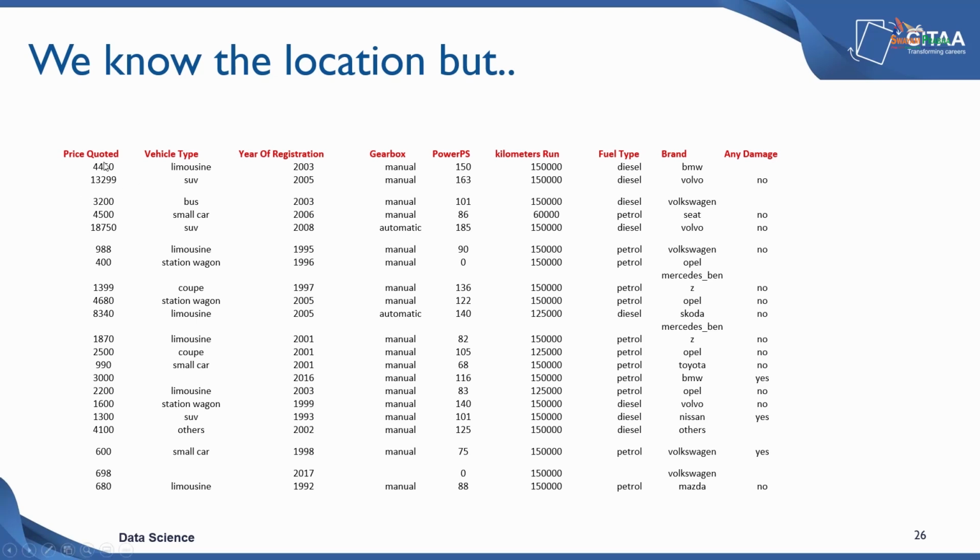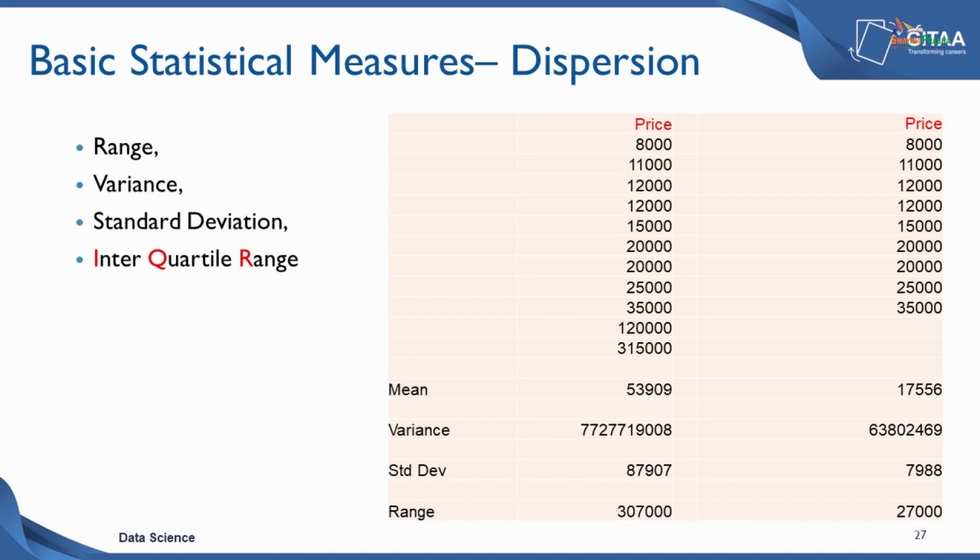So we need to get an understanding about the spread of data as to how widely different the different data pieces are, and to do that we will use the following measures: range, variance and standard deviation. So these are specific measures to understand the spread of the data. So what are the kind of extreme values that we have, and within what range of the mean are these values.